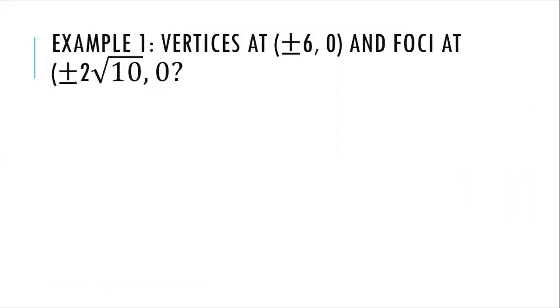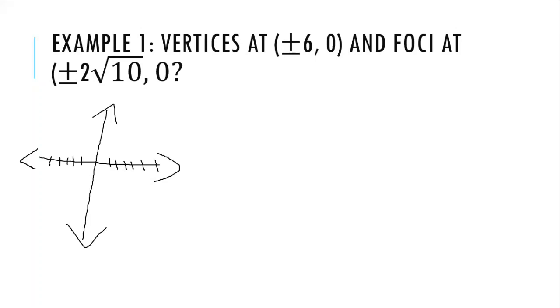Example number 1. If our vertices are at positive, negative 6, so 1, 2, 3, 4, 5, 6, and 1, 2, 3, 4, 5, 6. And then our vertex is here, so meaning our hyperbola looks like this one.